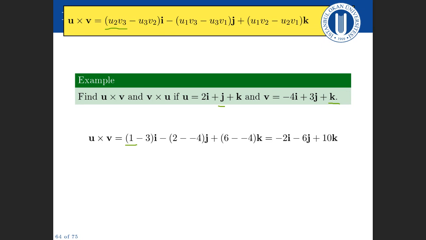Then I want to do minus u3v2. u3 is also 1, but v2 is equal to 3. So it's going to be minus 1 multiplied by 3, or minus 3. And then I want u1v3. u1 is 2 and v3 is 1. So we just get 2.